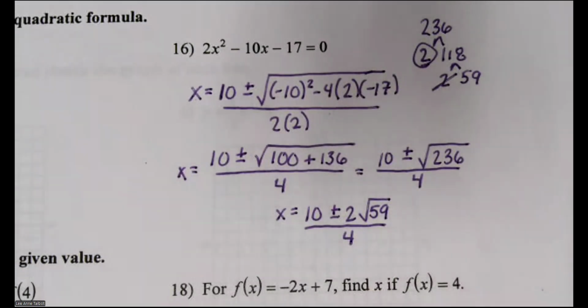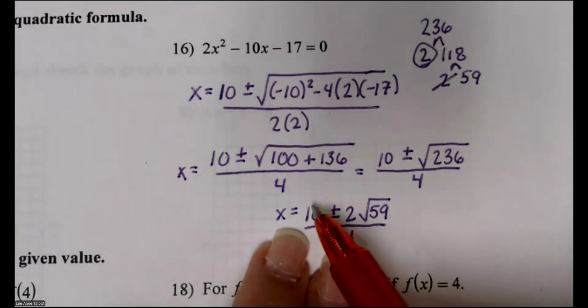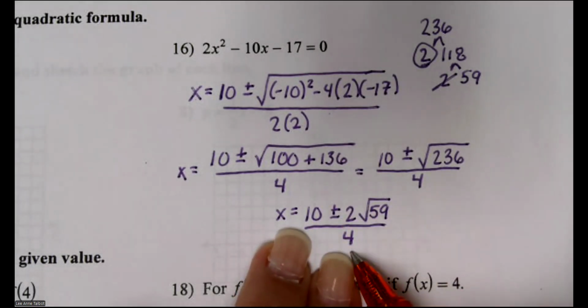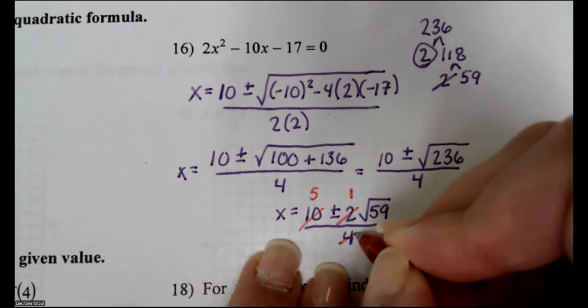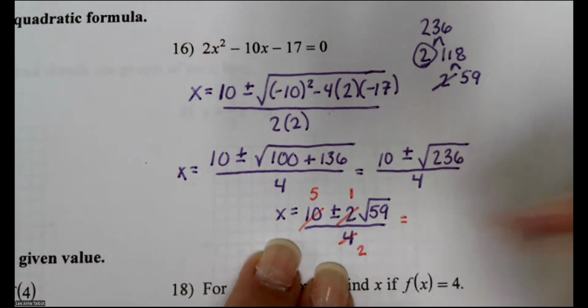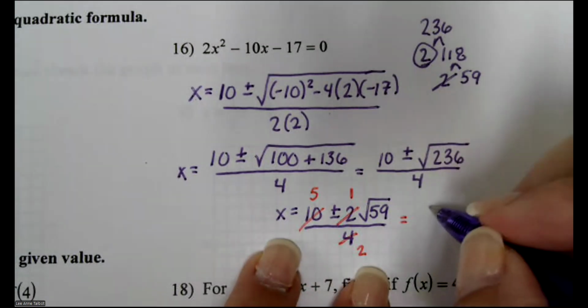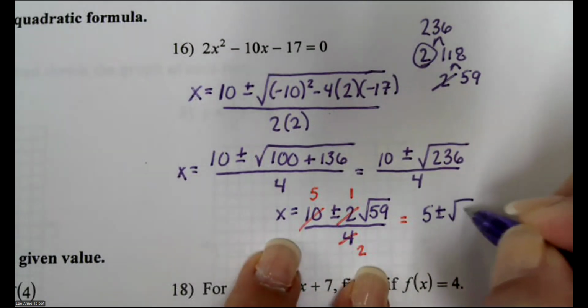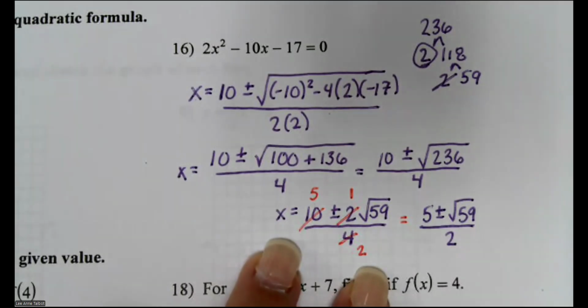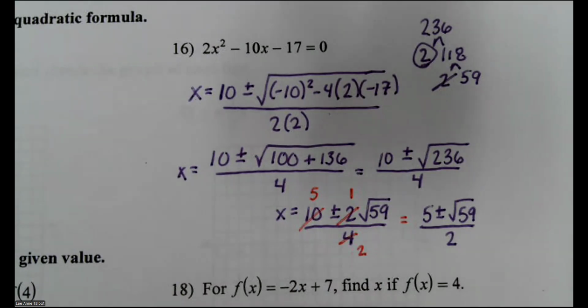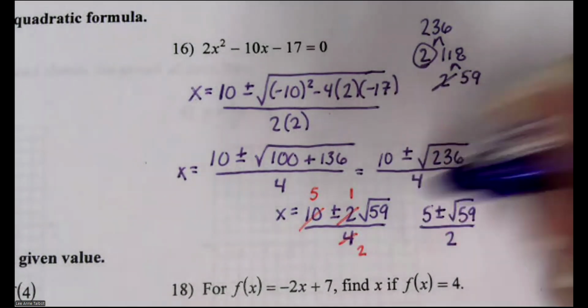Okay, now here, this is really important. Last thing about quadratic formula, this is reducible because these three numbers are all even, and they all need to be reduced at the same time or not at all. Where's our 14?